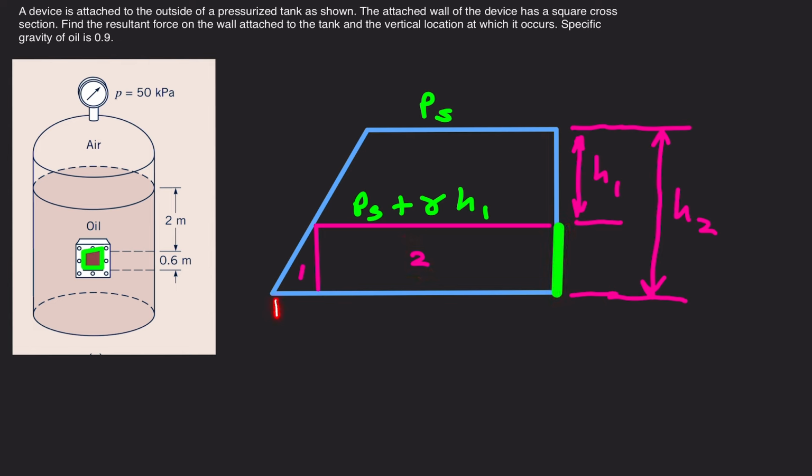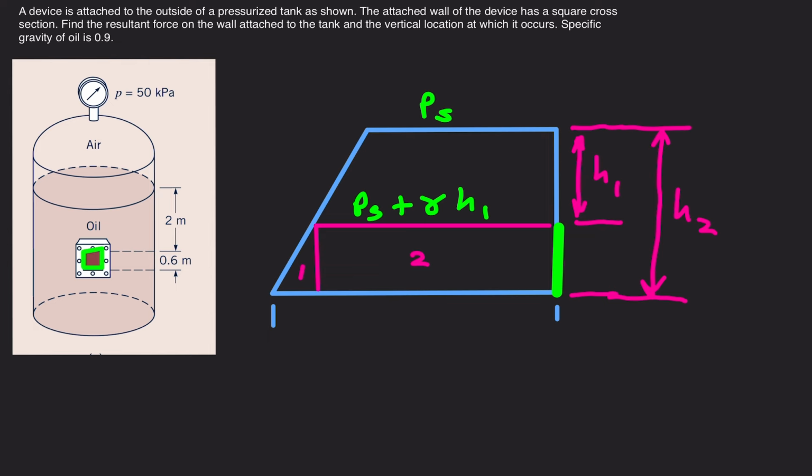Now, how do we calculate this volume? Because we have to add this volume to this volume. Well, we need this width. So let's take a look at what this volume would be, or this length rather.